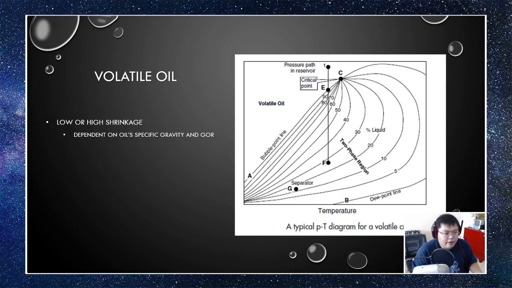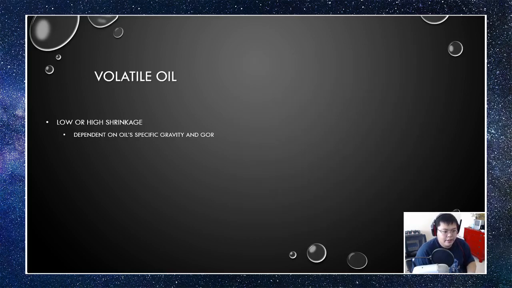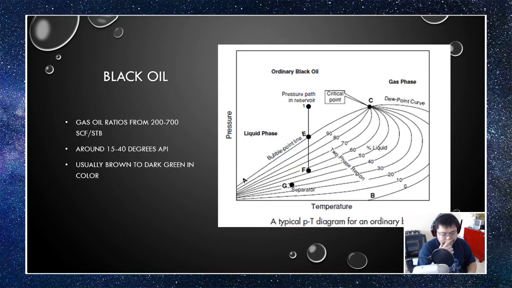But if you look at the diagram, what I find pretty interesting is that volatile oil has not only a greater curve, but let's go back to black oil. The critical point has a higher pressure, and the initial conditions are closer to the critical point.